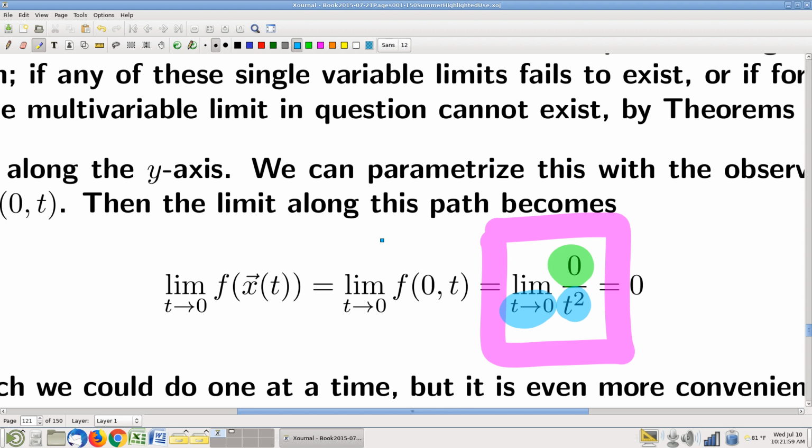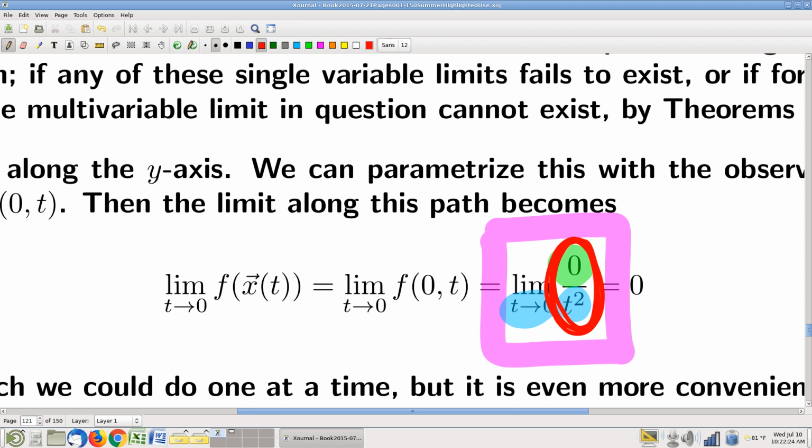Right? So the expression that I am taking a limit of here, this fraction, is 100% 0. We're taking a limit of the constant 0. There's nothing indeterminate about that. Is everybody on board?